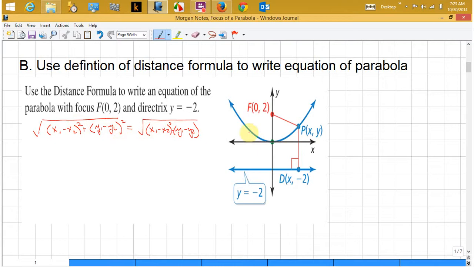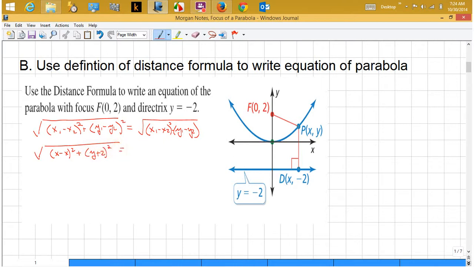Let's plug our points in. For the first part, I'm going to say x minus x, squared, plus y minus -2, which is y plus 2, squared.